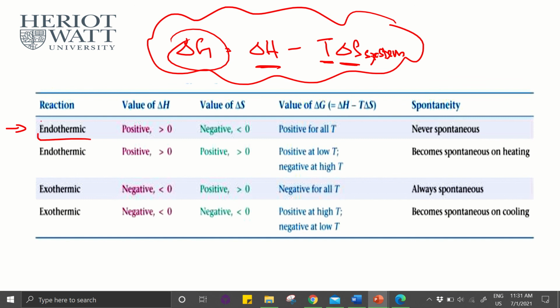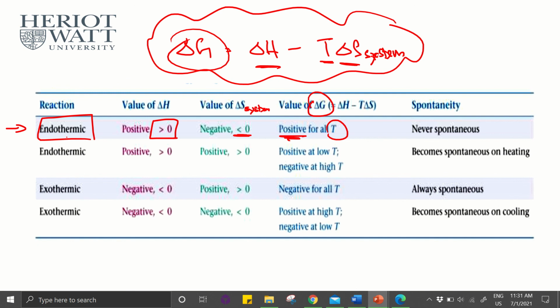If the reaction is endothermic, meaning the enthalpy change is more than 0, makes sense? And the entropy here refers to the system always, unless they put surrounding. So if the entropy is negative, then the Gibbs free energy is always positive, regardless of the temperature.